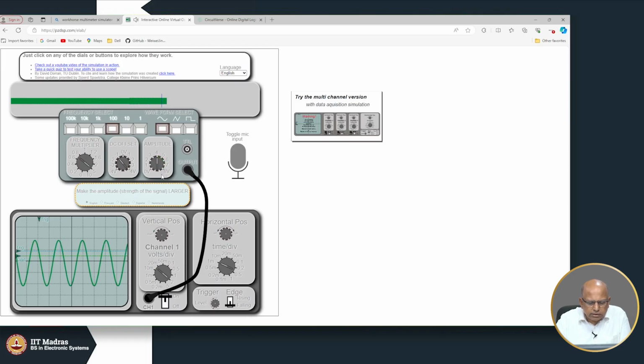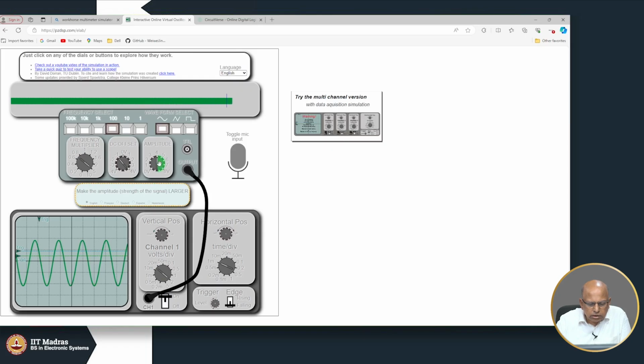So, we can just check, let me keep it at 4 volts actually, it is saying 4 volts here. So, 1, 2, 3, 4. So, this is actually saying 8 volts.